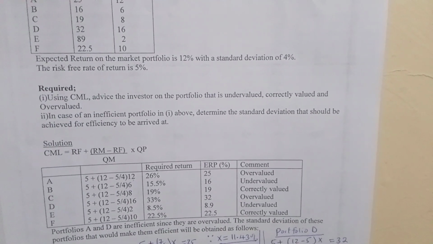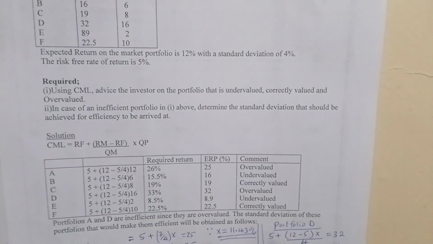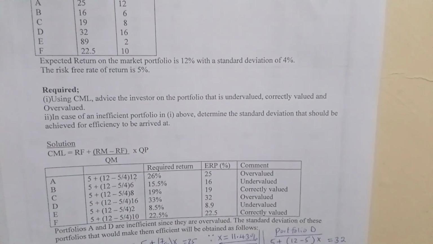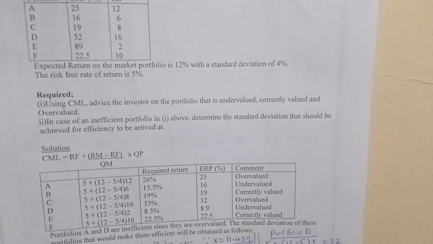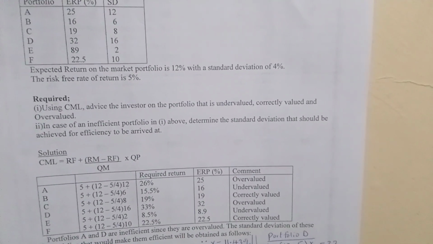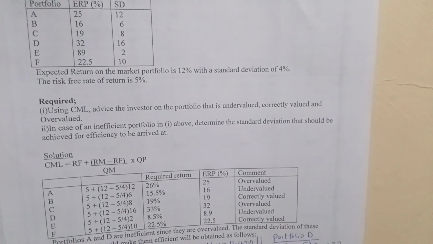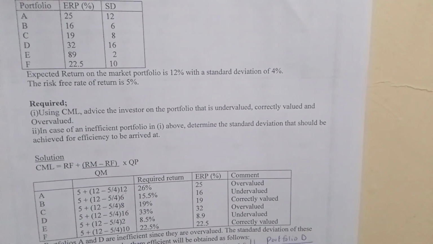That does not change. It will be the same throughout because you are on the same market. Then you minus the risk-free rate, which does not change, 5, over the standard deviation of the market. The standard deviation of the market, we are told, is 4%. You divide by 4. That does not change.